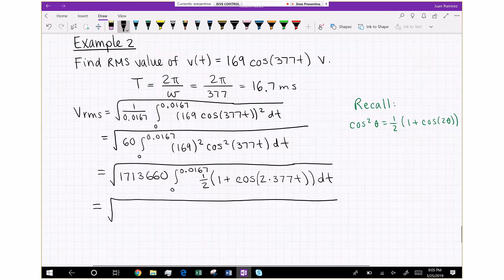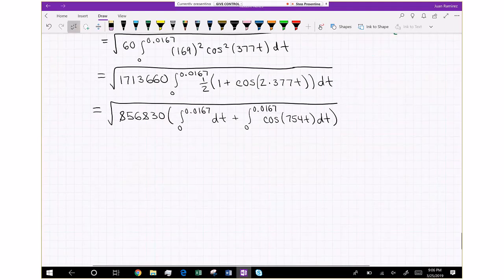Split those up, integrate them separately, and go from there. And then we evaluate the integral.